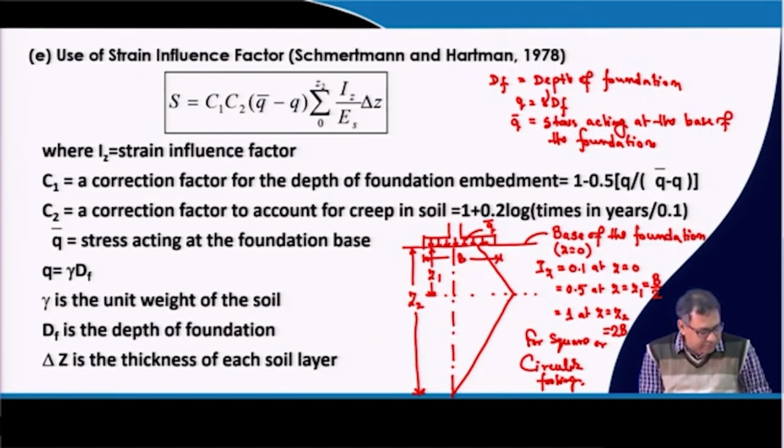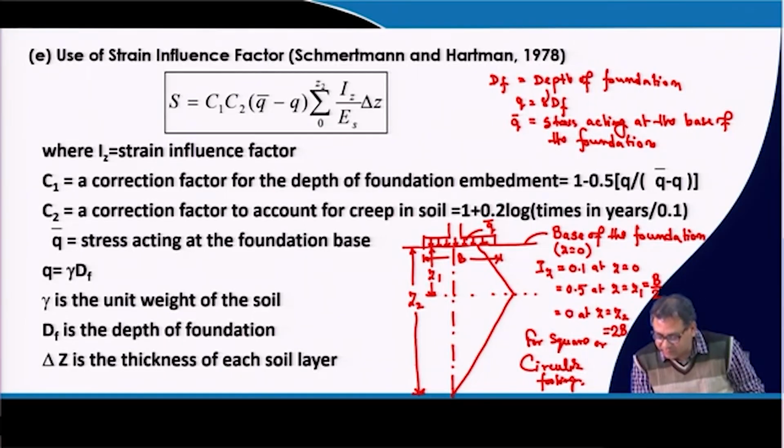Sorry, this is not 1, this should be 0, because it will increase, then it will decrease. So, it will start from 0.1 at the base of the foundation, then it will increase up to Z1, which is B by 2, where the value is 0.5, then again it will decrease.